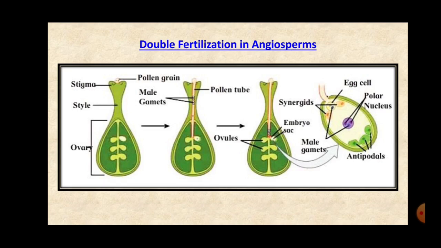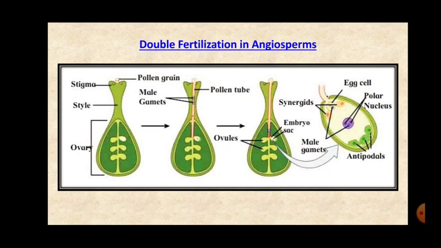So these are the 8 cells present inside the embryo sac. The central one is the egg cell or the ovum or the female gamete. On the sides of the egg cell there are 2 synergids, and in the center there are 2 polar nuclei which are the female nuclei, and there are 3 antipodals at the other end of the embryo sac.